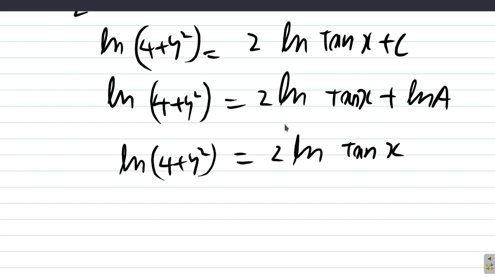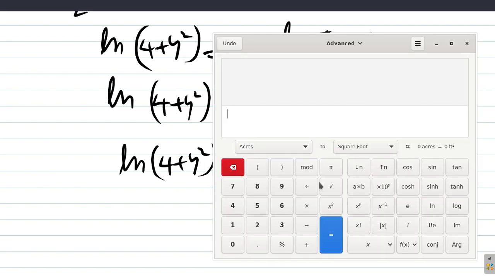Suppose you have 5 by 3 is 15. So we say ln 5 plus ln 3 equals 2.708 and so on. Suppose now we say ln, open bracket, 5 times 3, close bracket, equal.